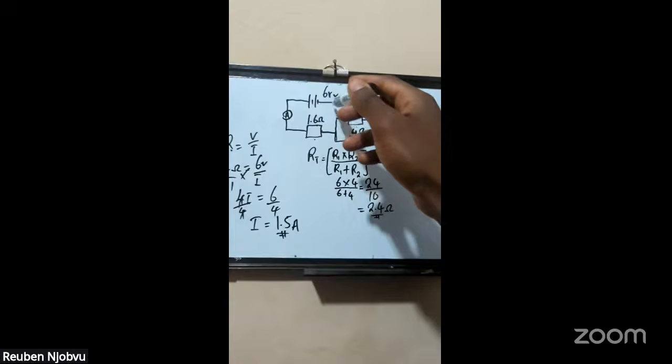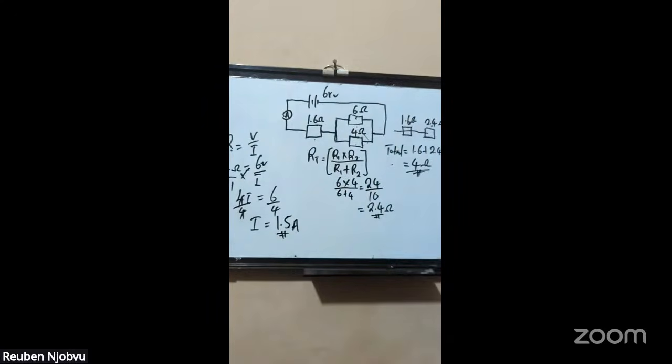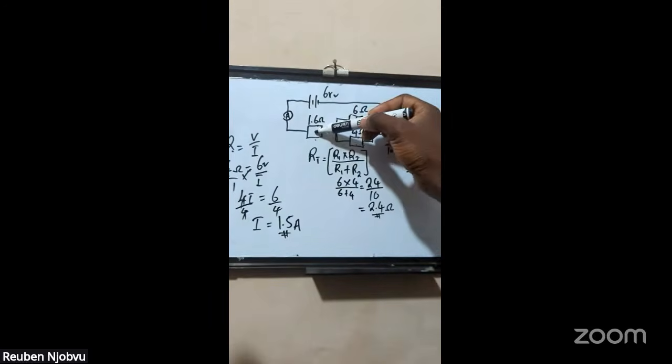So how do we find the voltage in series connection? Very easy. Like what the question is asking us here for C, the PD here is different.